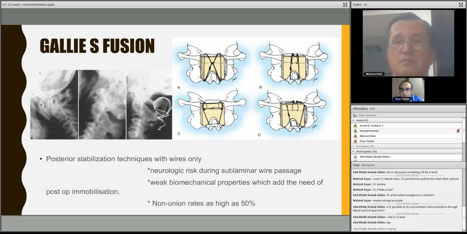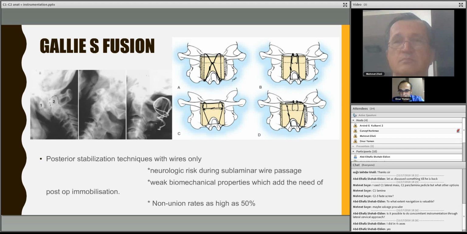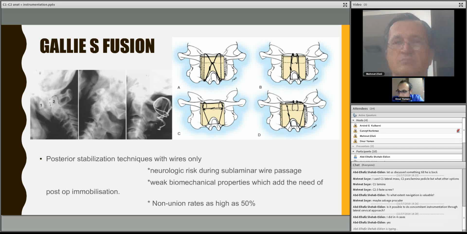And Kadir Kotil from Turkey has a technique from posterior, the odontoid screw fixation from posterior. He says that he has fixed a case from the posterior, then odontoid screw from posterior. Maybe it can be a combined surgery. Okay, I don't have any experience with that.